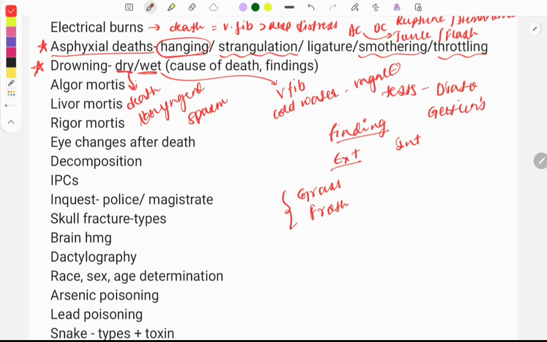These are certain specific signs which you can see and confirm that the patient was alive at the time of drowning. And the internal findings are like the lung volume increases and there will be edema present, mud in the lower airways, and water in the middle ear, in the stomach and in the intestine. So these are certain signs which confirm that the patient was alive during the drowning.